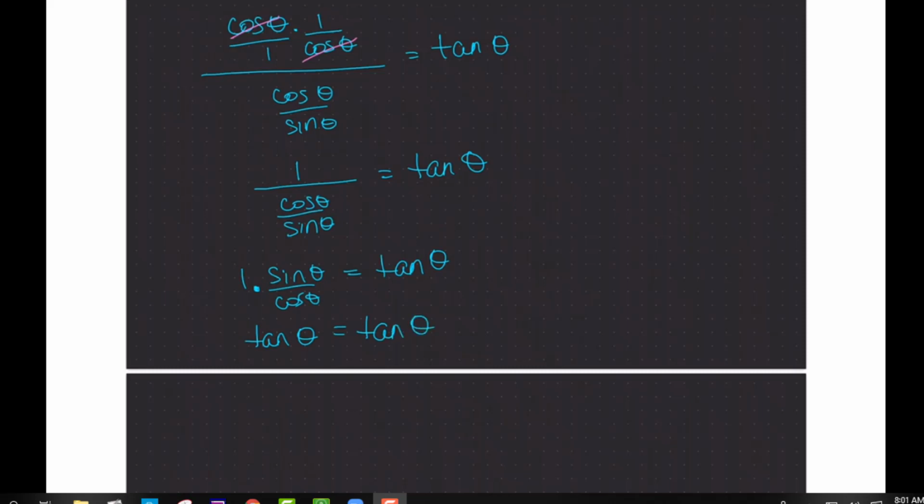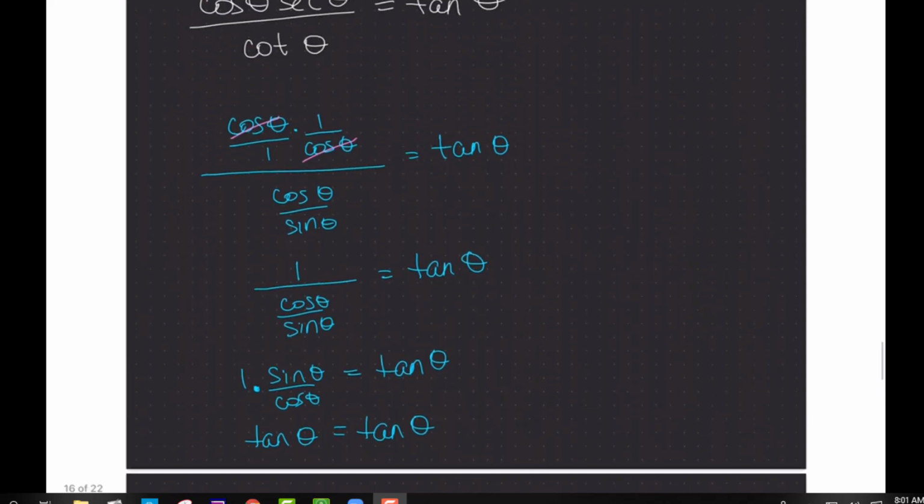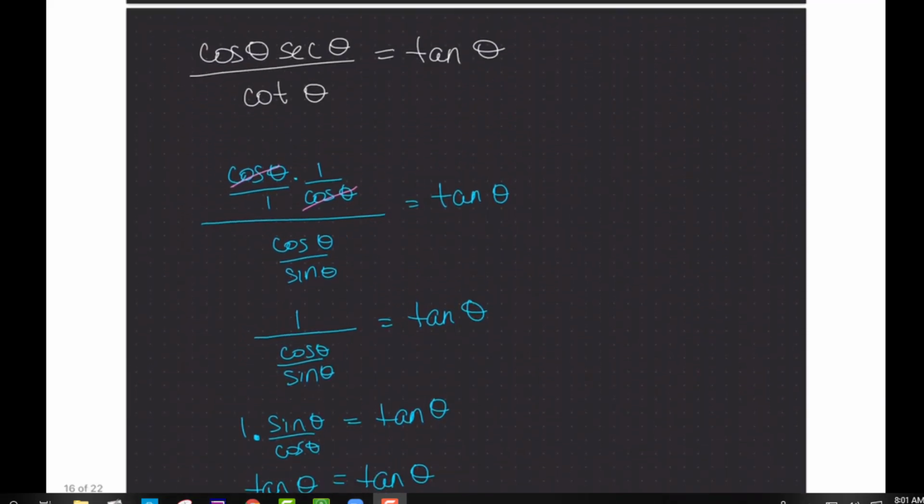Bam! Yes, sir? Well, couldn't we have just left the cotangent alone and then made the numerator cancel out and make that 1, and then just be 1 over cotangent? Yep, if you didn't want to switch them all at first.